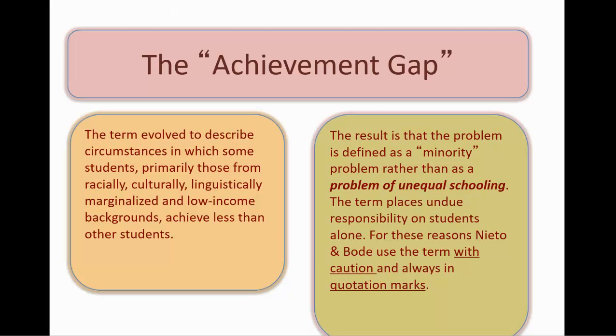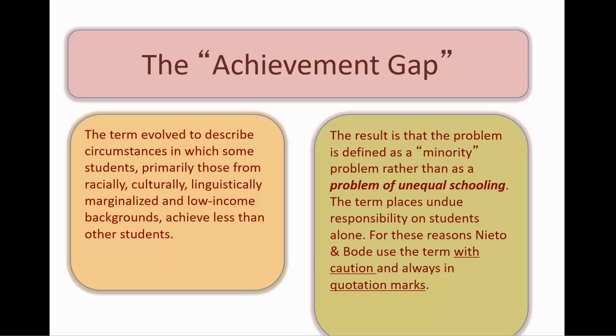And so, one of the issues with this phrase is that it's often seen as the people who are in the minority having less opportunities than people who are in the majority. And it sort of puts the onus on those people for taking responsibility for their own shortcomings, when we often don't think about the fact that really a lot of times the achievement gap comes from unequal opportunities and unequal schooling, unequal housing.